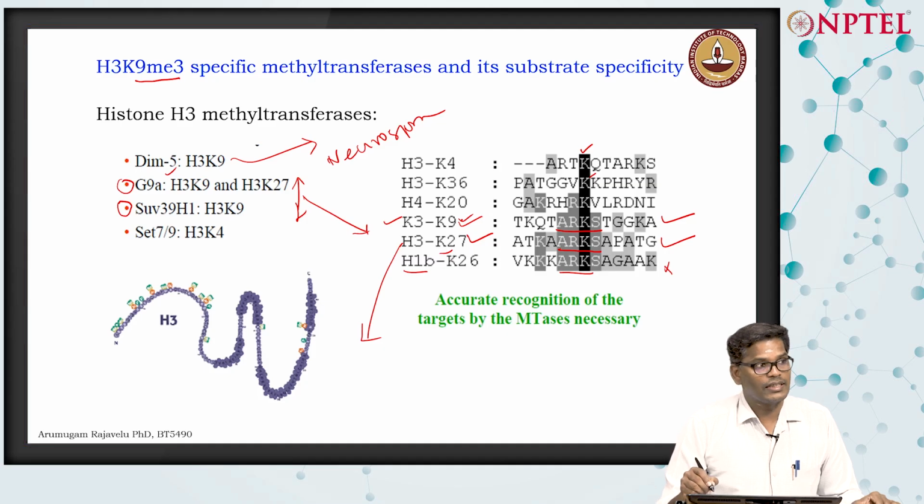So that tells how specific these histone lysine methyltransferases are. Although they have a SET domain and a conserved catalytic pocket, they have diverse substrate specificity on the histone itself. Although lysine is the target amino acid, they don't methylate every lysine, although the flanks are also conserved. So that shows these enzymes have evolved with specific functions, particularly these methyltransferase epigenetic enzymes.